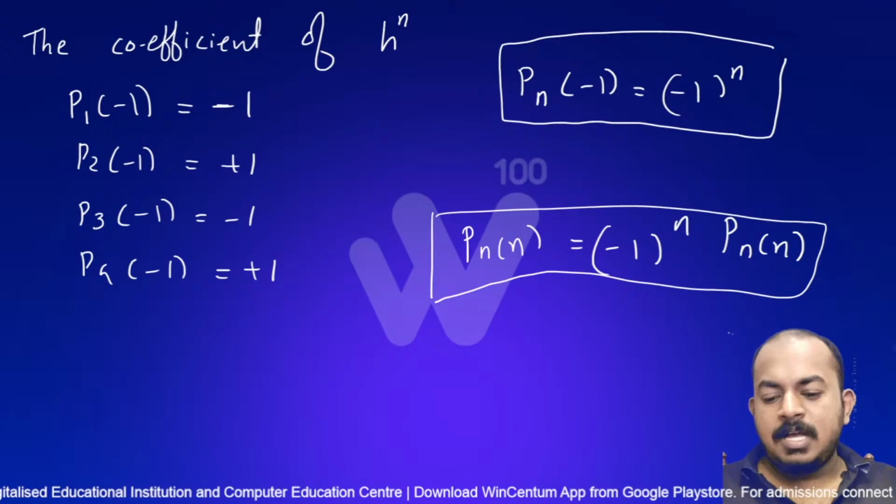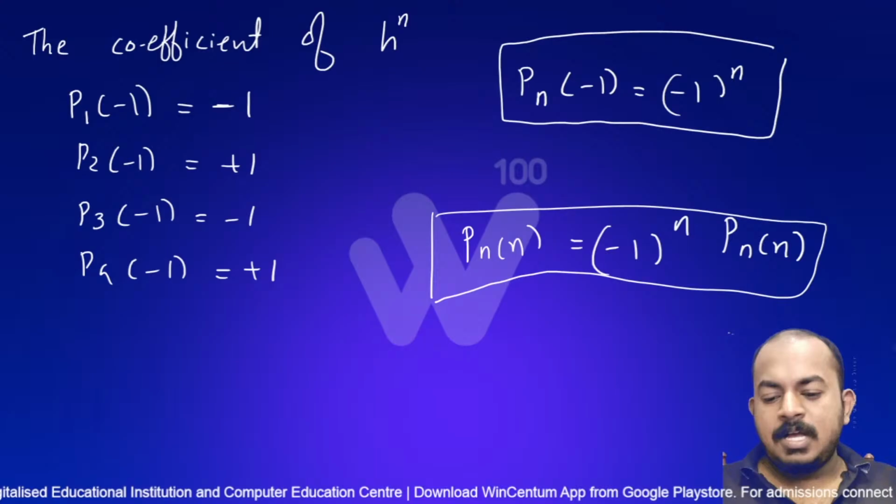What were the properties of these functions? For even n, which are the even n? For 0, 2, 4, 6, and so on, Pn of 1 was 1.